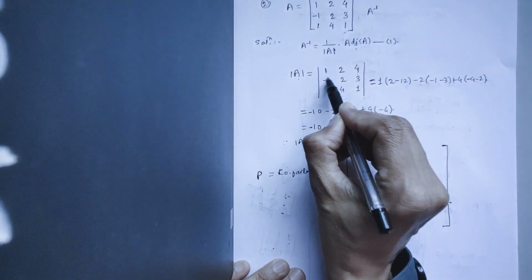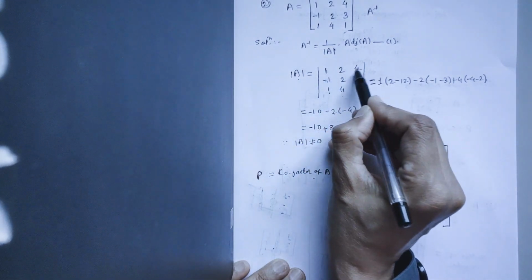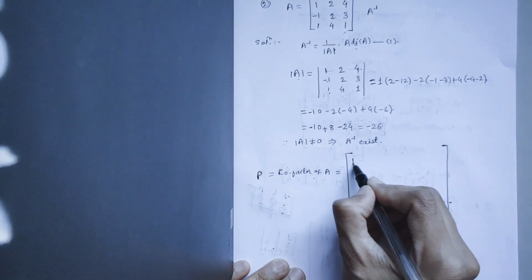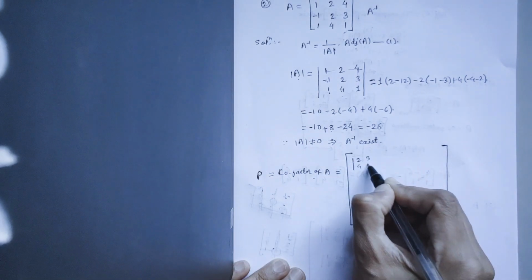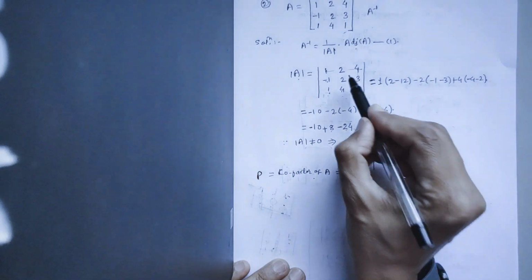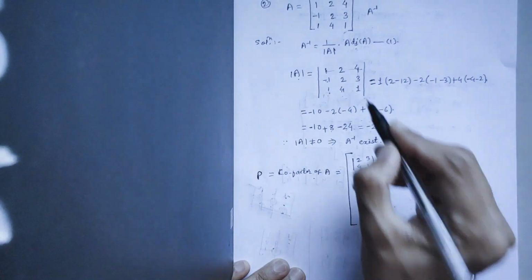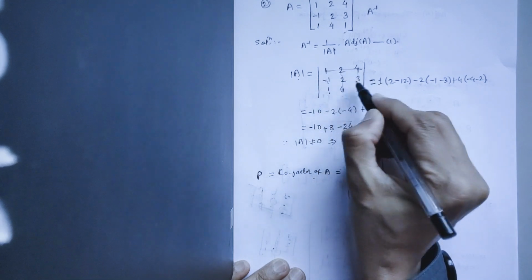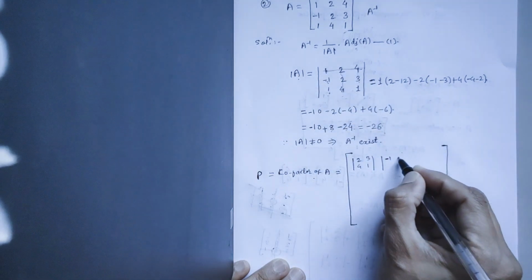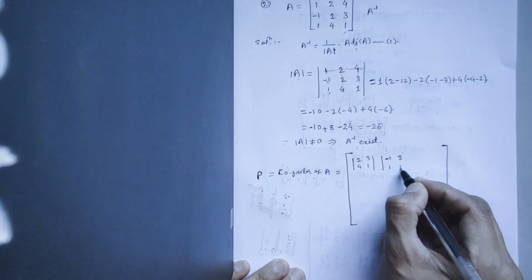So for the cofactor of 1, delete the first row and first column and write the determinant 2, 3, 4, 1. Now for the second element, eliminate this 2, so minus 1, 3, 1, 1.